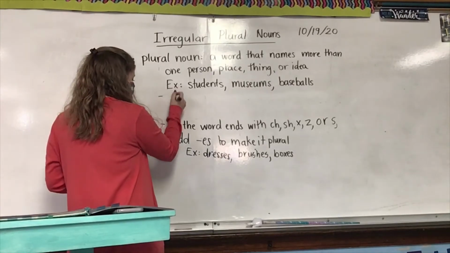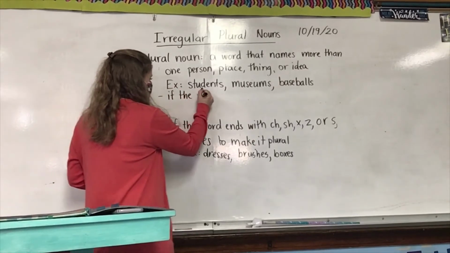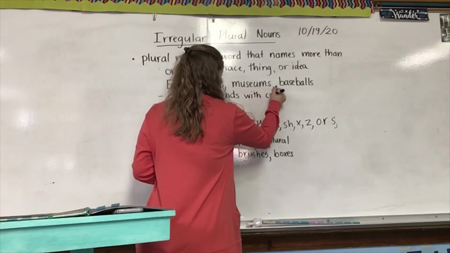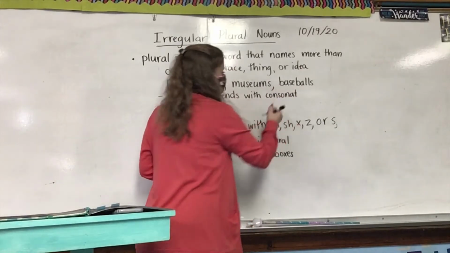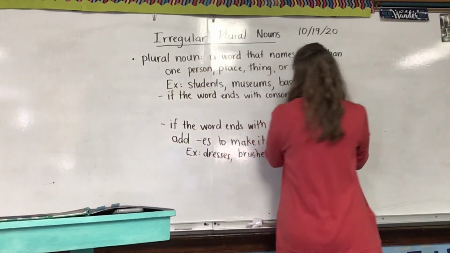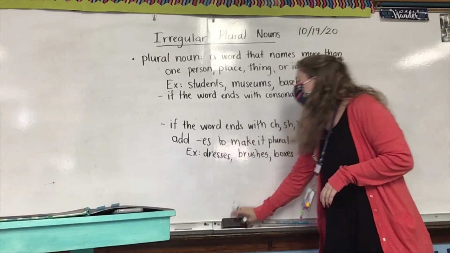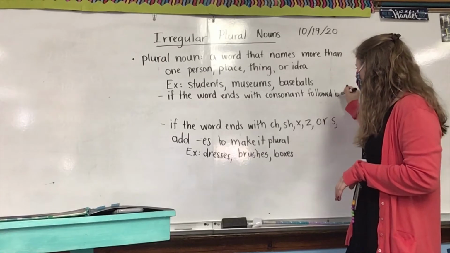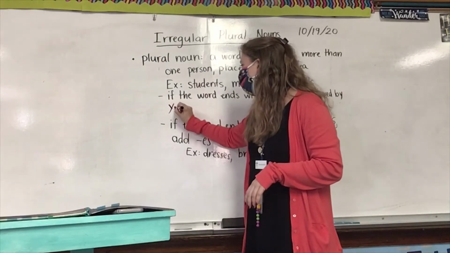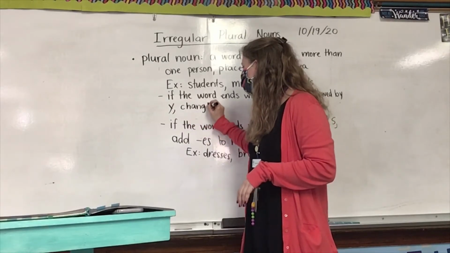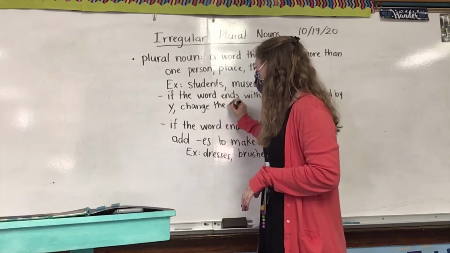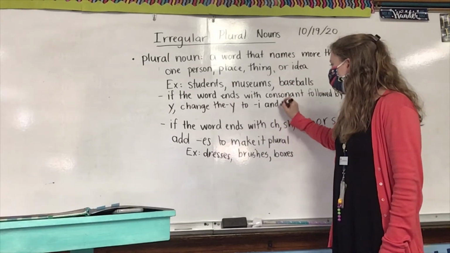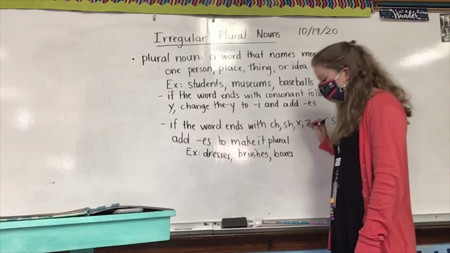Good. So, if the word ends with a consonant, that means not a vowel, so any letter other than A, E, I, O, or U. If the word ends with a consonant followed by Y, change the letter Y to the letter I, and add ES.